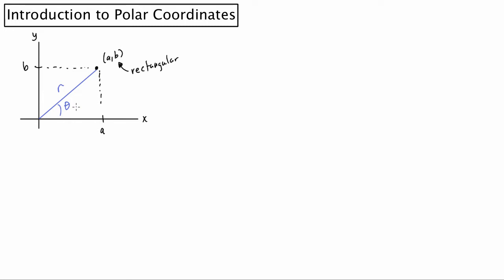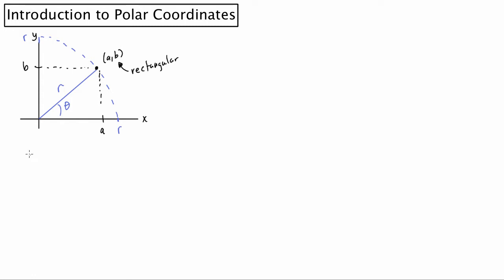Now, because we're aware of how circles work, I think of the point (a, b) as lying on a circle of radius r. And if that point lies on a circle, then we have descriptions for both a and b in terms of r and theta, and those descriptions are the definition of the trigonometric functions.